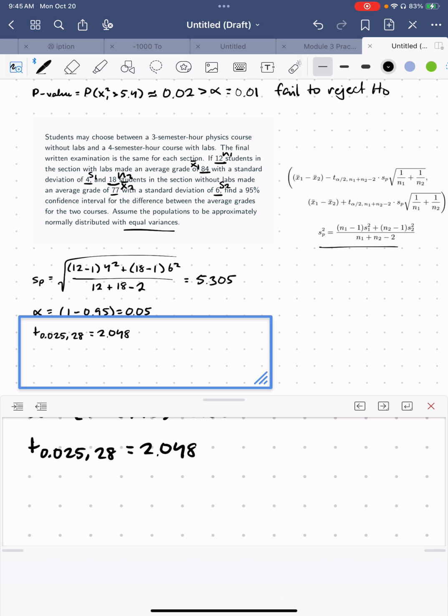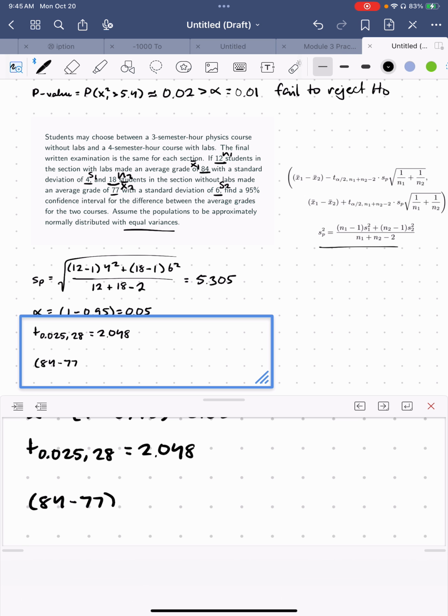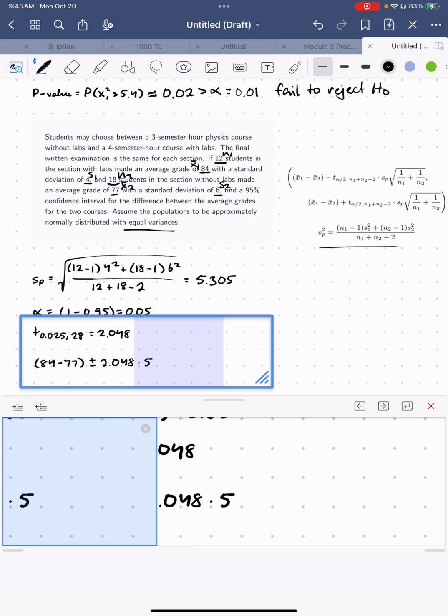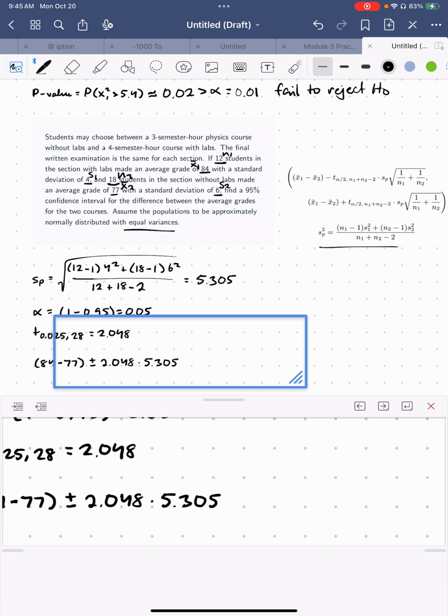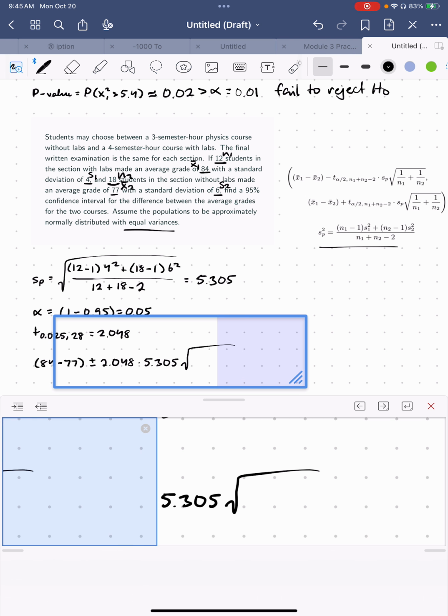So our confidence interval should be x bar 1, so that's 84, minus x bar 2, which is 77, and then plus or minus our t value, so that's 2.048, times our s value, so that's 5.305, and times the square root of 1 divided by n1, so that's 12, plus 1 divided by n2, and that is 18.